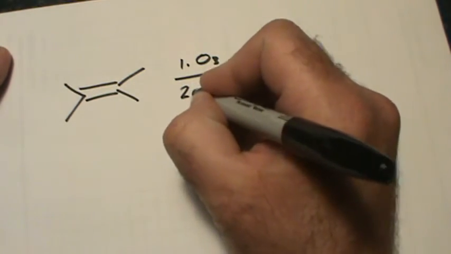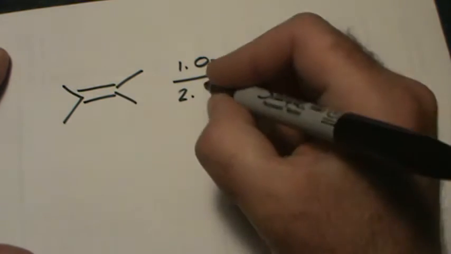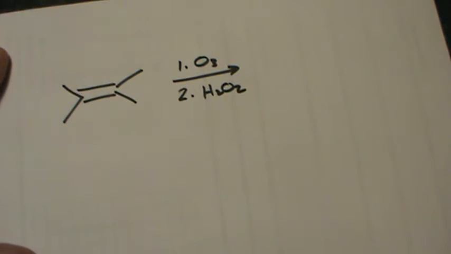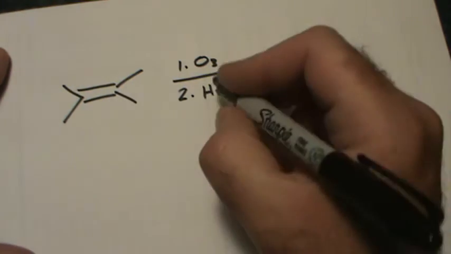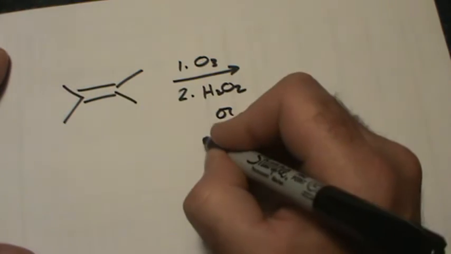Let's just forget about the mechanism for a moment and talk about the different types of workups we can have. We can have either an oxidative workup, which means H2O2, hydrogen peroxide, or we can have a reductive workup. For our reductive workup, we've actually got a few different choices.